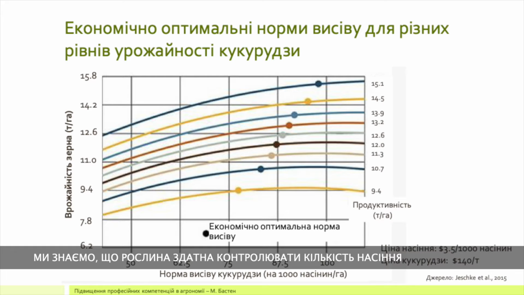We know that a crop is able to control the number of seeds, number of heads and so on quite a lot, depending on what happens during the growing cycle.